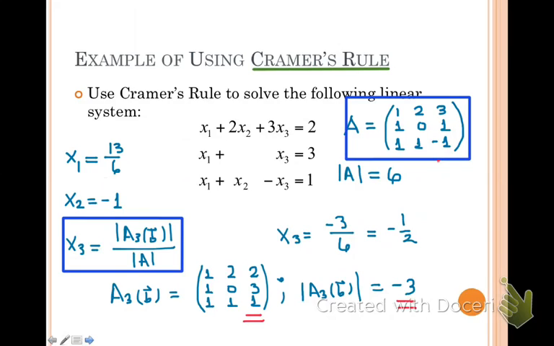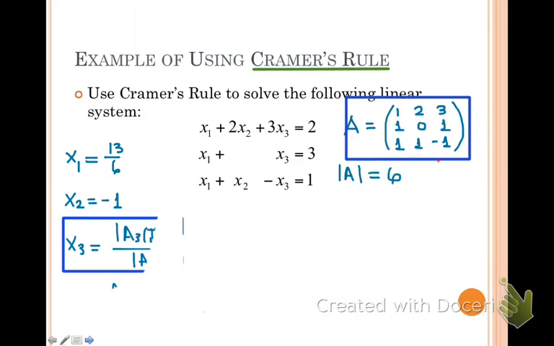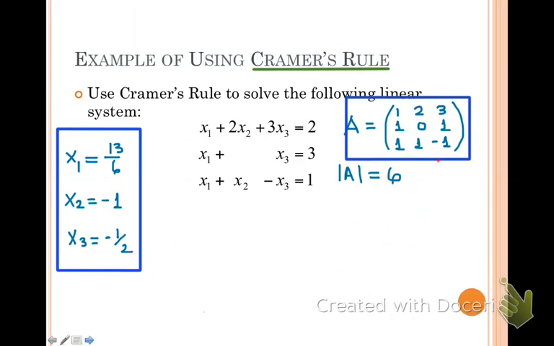So for x3 we get an answer of -1/2. Finally, we have our solution, and we can write that as a vector, x equal to 13/6, -1, -1/2.